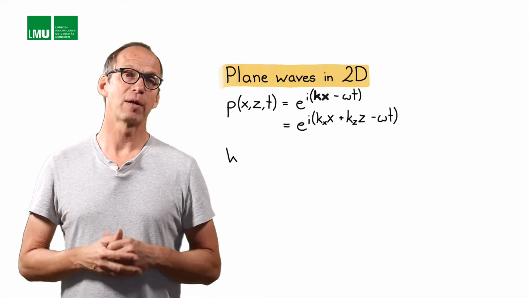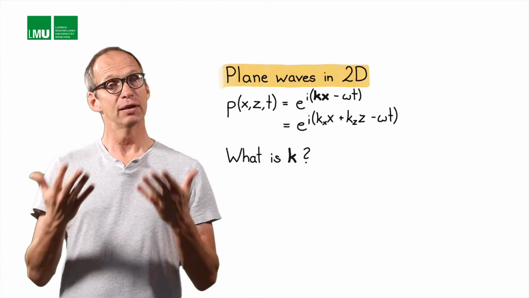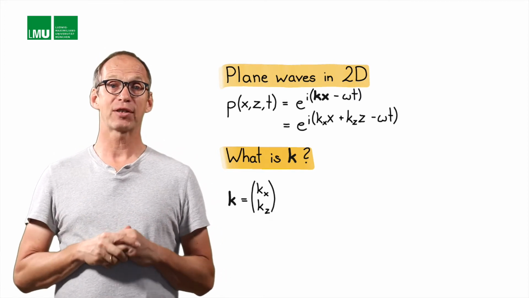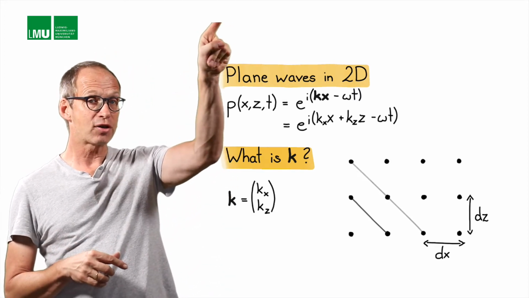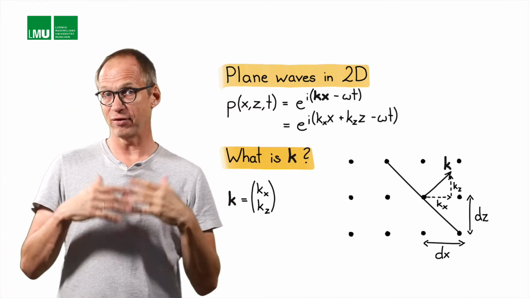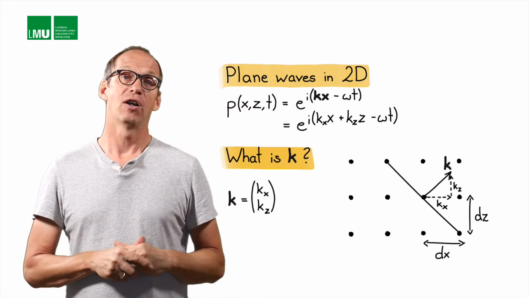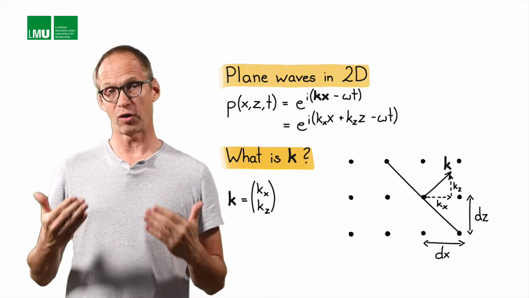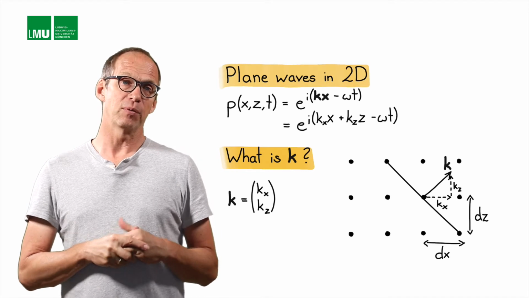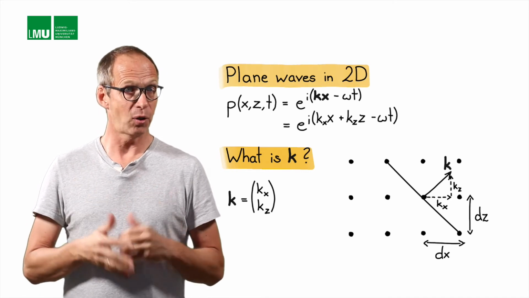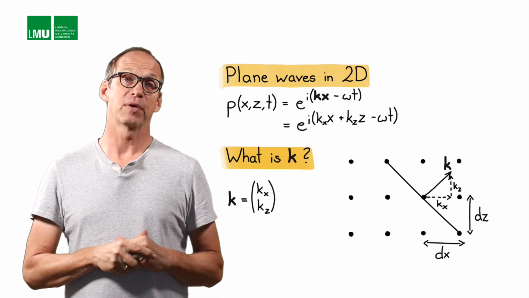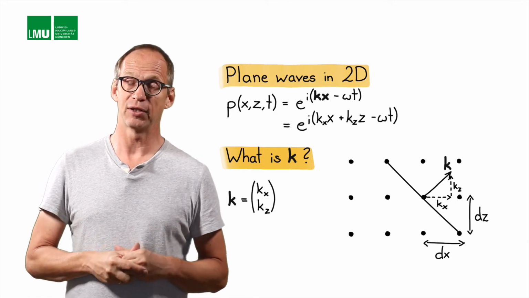Now, what is the wave number vector k? It has components kx and kz, and is a vector that points in the direction of propagation, and basically is a vector that's constant on the plane of constant phase. With this, we can now go into the wave equation and try to solve this analytically.